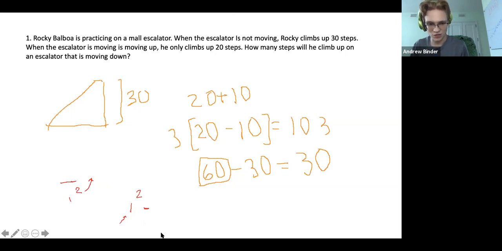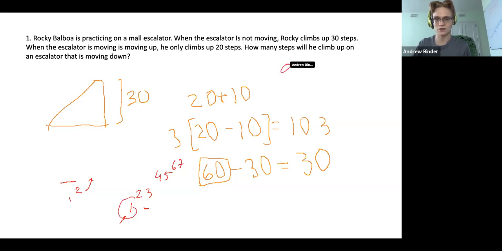And then he has to go up again, and then the cycle will repeat. So it's going to look something like this. So essentially I got also 60, but you're double counting the first and the last step. So you subtract 2 and you'll get 58. That's what I got.